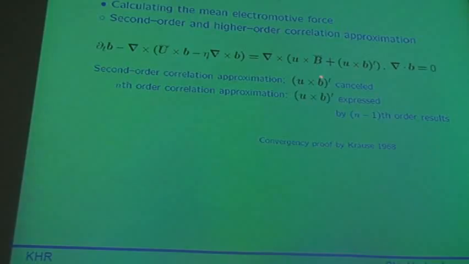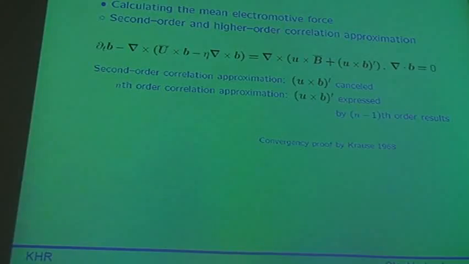You know, I explained it to you, in the second order correlation this term, which describes the fluctuations of u cross b, is cancelled. You can proceed to higher order approximations, where in the equation for the nth order, you express the u cross b dash term by the results of the order n minus 1.